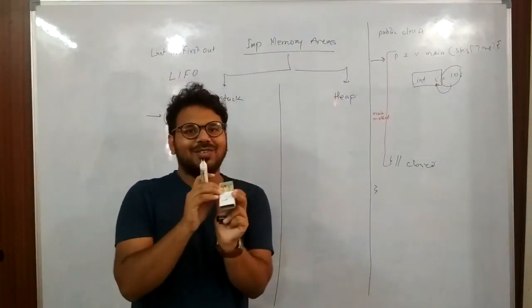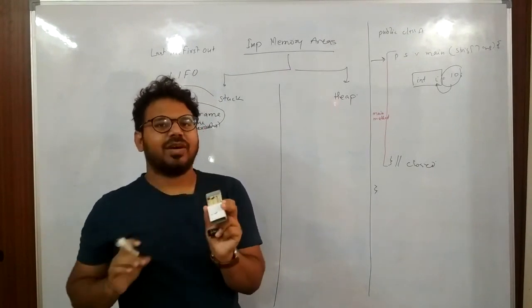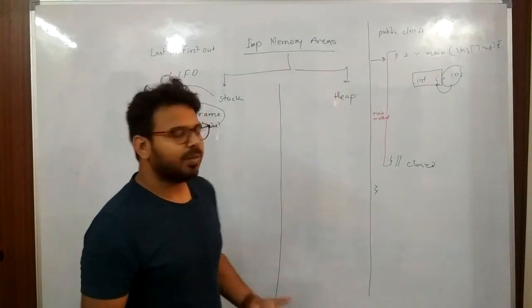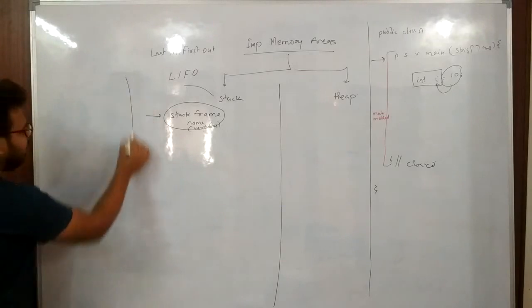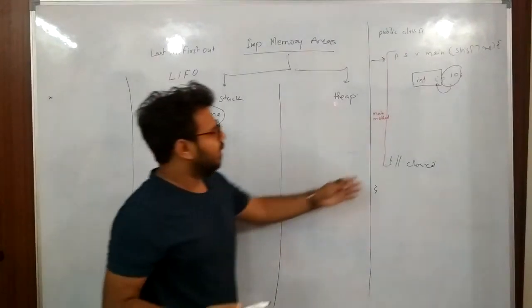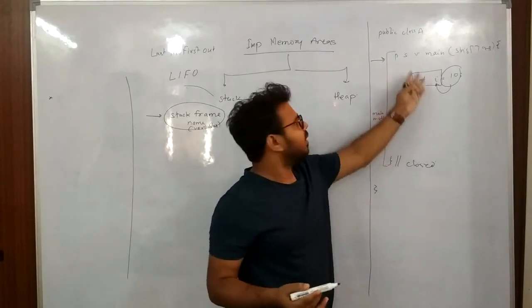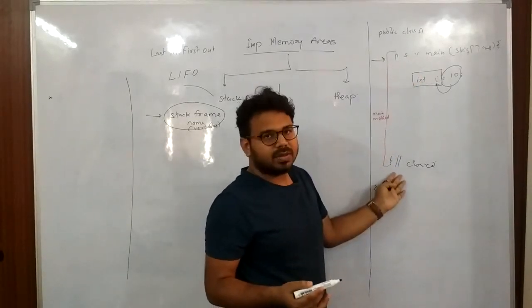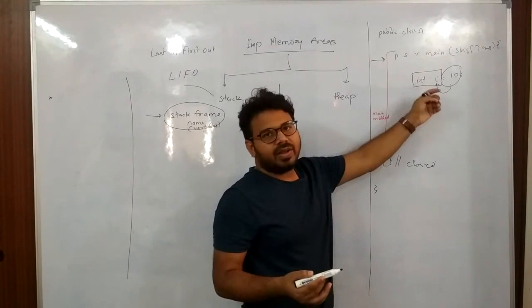A point to remember: since this variable is declared inside a method, the main method, it is a local variable.